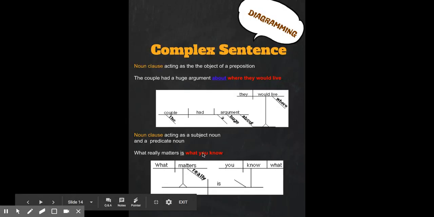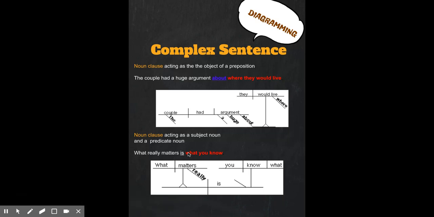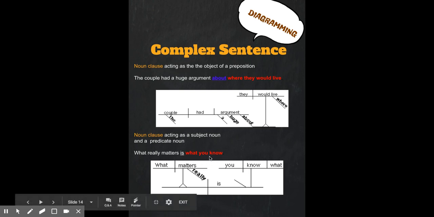And remember that a lot of times when you're doing a subordinate conjunction, it's an inverted sentence or an inverted independent clause. So you is your subject, know is your action, and you know what?